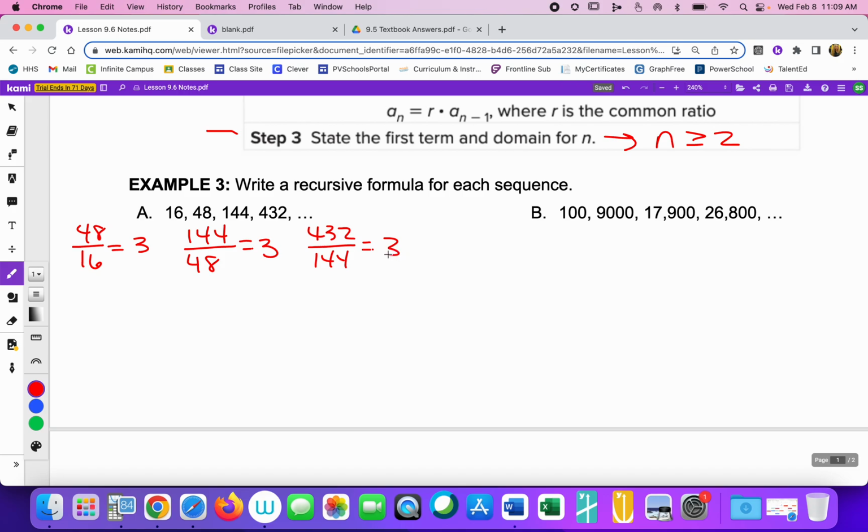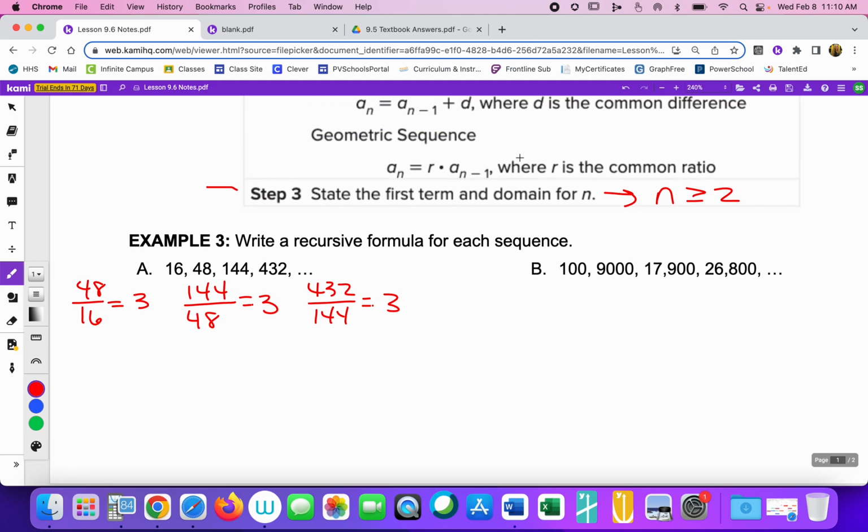Geometric. Now if you're getting different things, it probably means it's arithmetic, but that means you need to take the difference. You need to subtract the two to make sure that they're the same. Okay. So this is geometric, which means we're using the geometric recursive sequence. So we need to know the first term, which is what? 16. Okay.